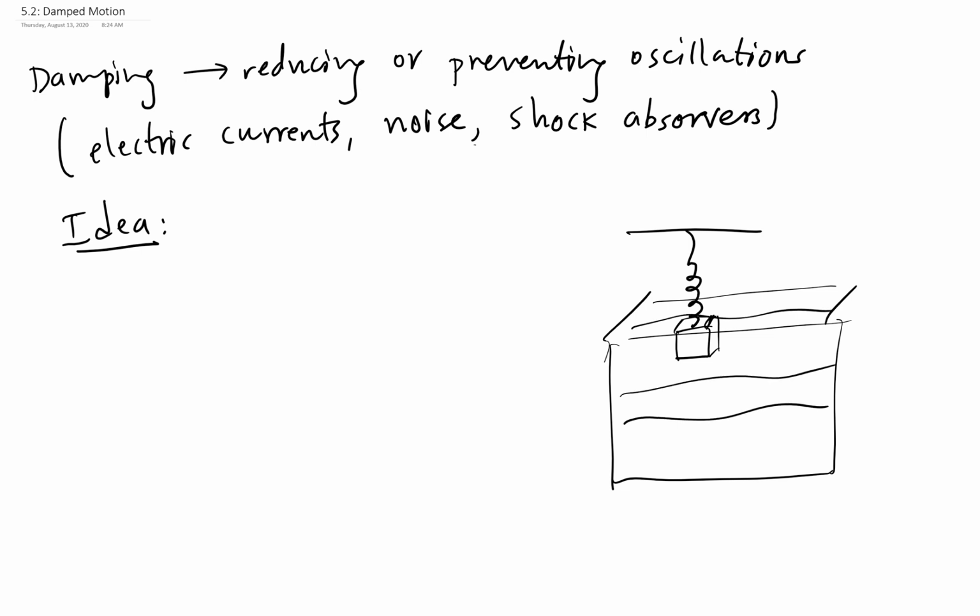There's water in here. It goes inside the water. So this is the mass. This is water, H2O. So what's happening when you try to pull it down and let it go? The motion of the mass goes through some kind of damped force, such as this one that you see on the right side.